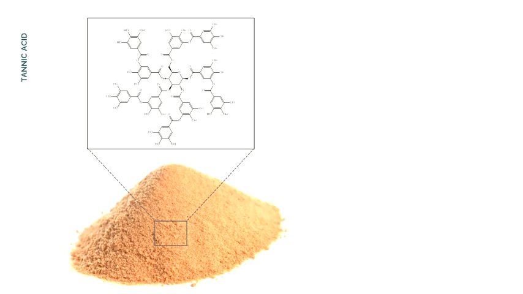As you can see, the tannic acid molecule contains many benzene rings with hydroxyl groups. And because of these hydroxyl groups, tannic acid can interact with many different molecules, with metals, but also with polysaccharides, proteins, and so on.